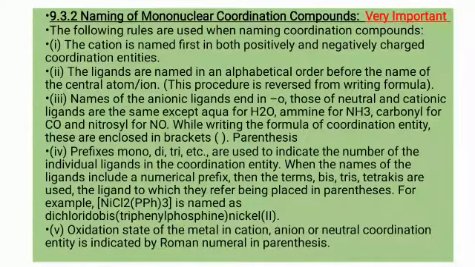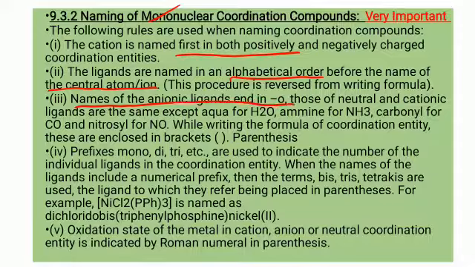Naming of mononuclear coordination compounds. The following rules are used when naming coordination compounds. First, the cation is named first in both positively and negatively charged coordination entities. Second, the ligands are named in alphabetical order before the name of the central atom or ion. Third, names of anionic ligands end in -o.